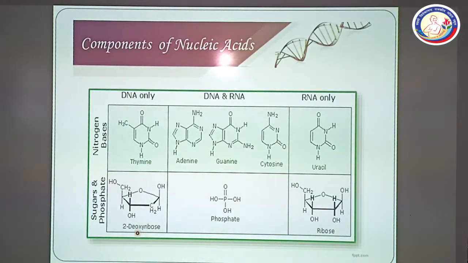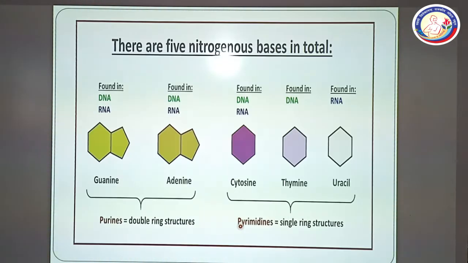This is the structure of deoxyribose sugar, where at the 2 carbon the OH group is absent, while in ribose sugar at the 2 position OH is present. It makes it active, and this is the phosphoric acid, and its phosphate group is used in DNA and RNA.